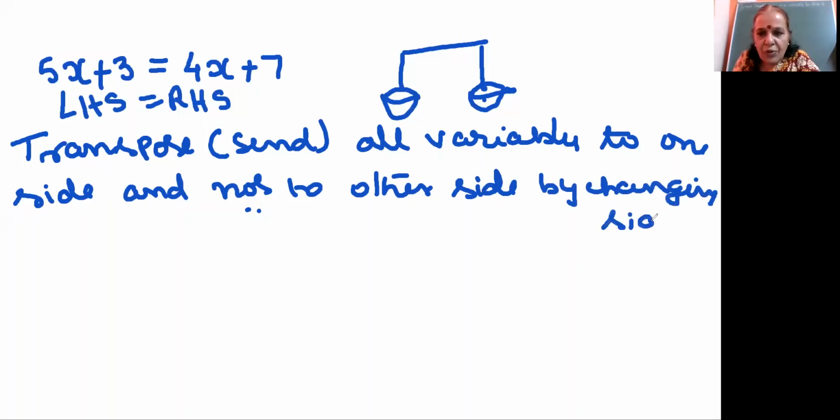If you want to send some numbers from left hand side to right hand side, you have to change the sign. That is, plus will become minus and minus will become plus.